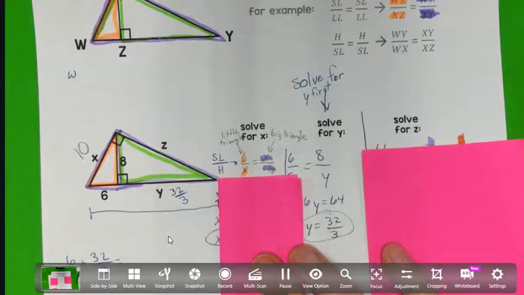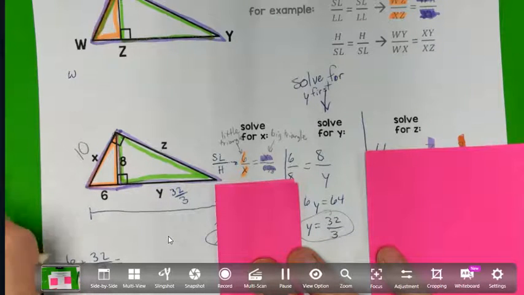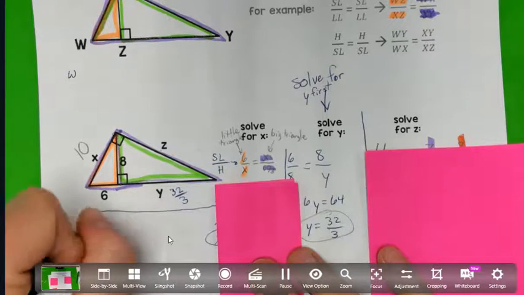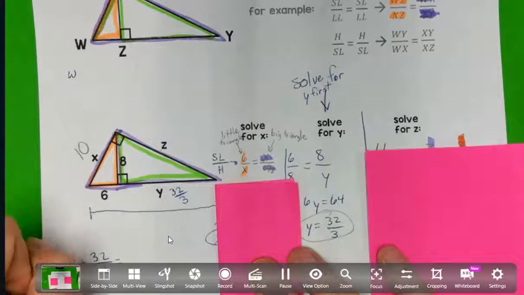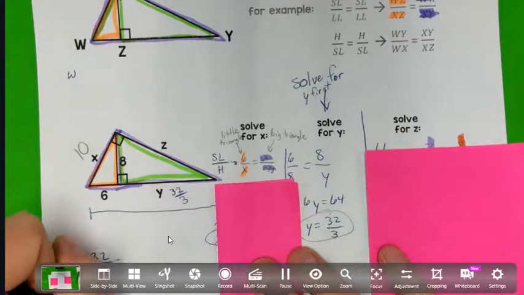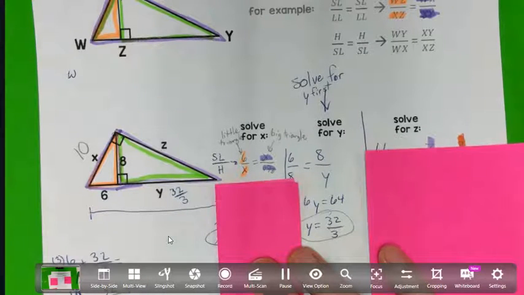And I don't know if you guys remember how to add fractions, but we need a common denominator. So 3 is going to be our common denominator, so we need to multiply this by 3 over 3. So I'm going to change this to 18, 3 times 6 over 3. And this is 32 over 3 still.